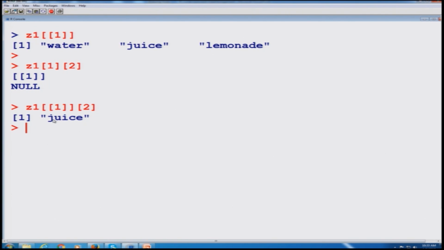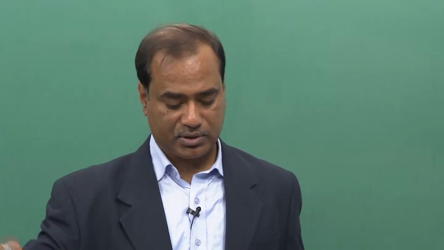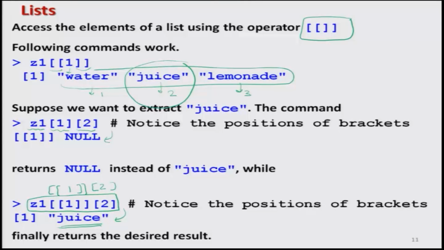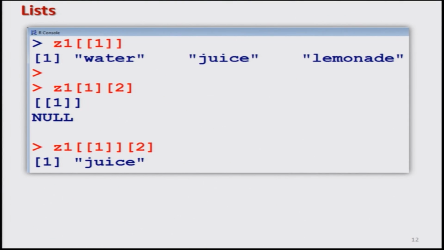So this is the use of brackets which you have to keep in mind whenever you are dealing with a list, whereas this is not the case when we are using the operator C, that is the combine operator. That's a pretty important point which you have to keep in mind. And so in the next slide I am giving you the same output as a screenshot.